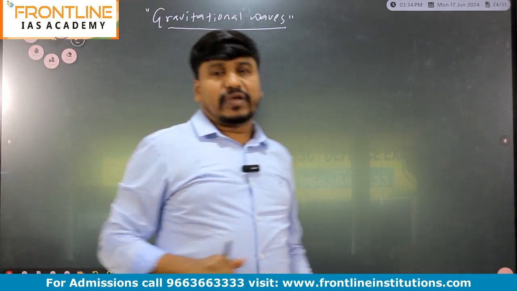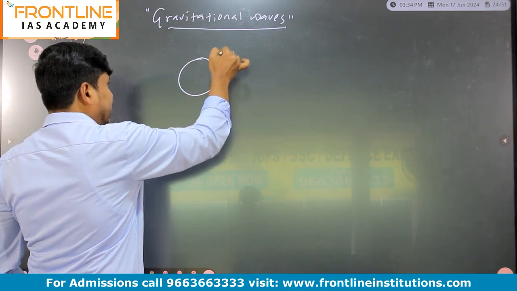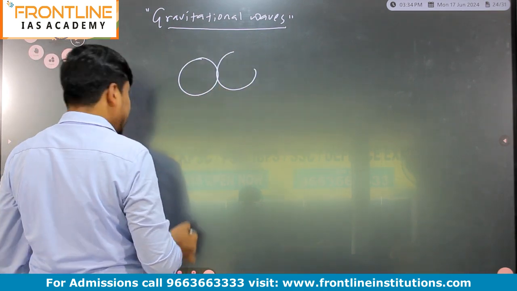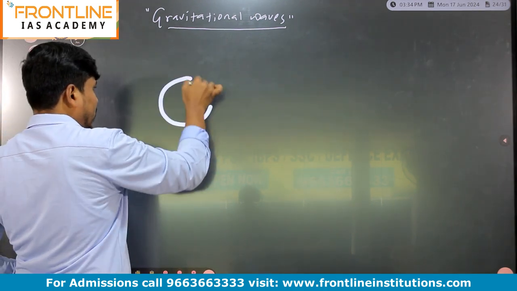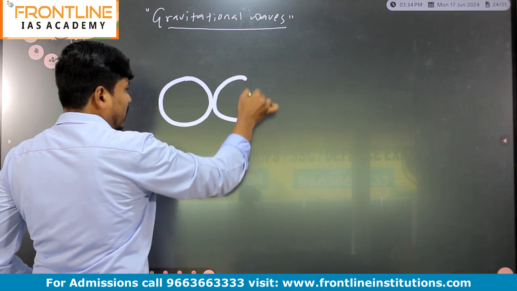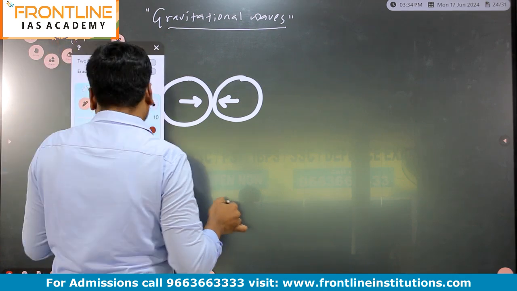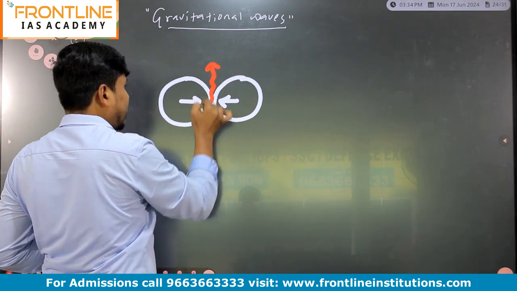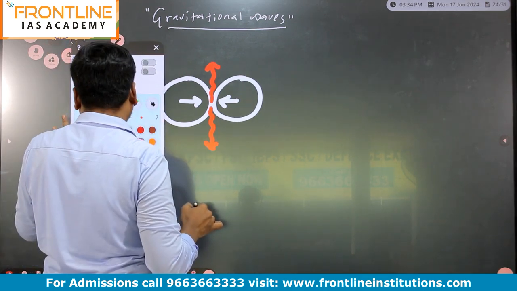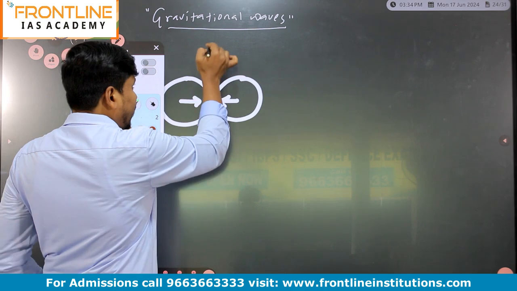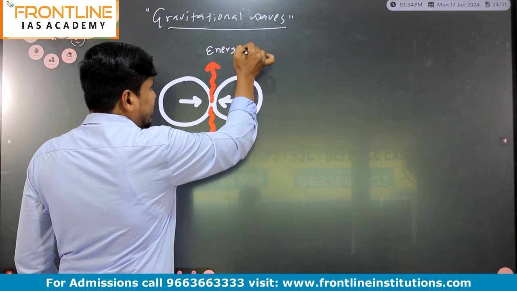So here, gravitational waves. When two black holes collide with each other, for example, suppose this is one black hole and this is another black hole. When these two black holes collide, they emit heat, and that heat energy travels in the form of waves.